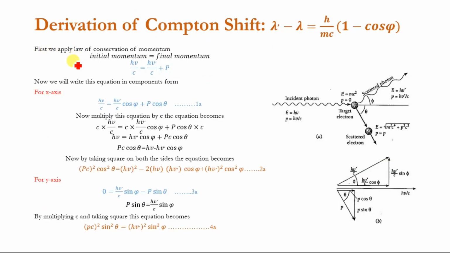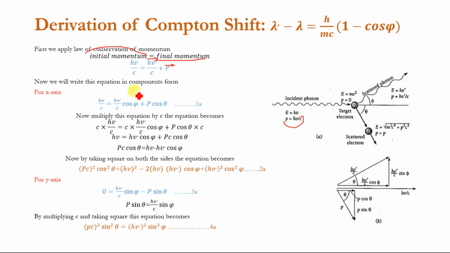Now we apply the law of conservation of momentum. The initial momentum is equal to the final momentum, or the momentum before collision is equal to the momentum after the collision. Before the collision, the momentum is equal to hν/c. While after the collision, we have two terms, hν'/c, the momentum of the scattered photon, plus p, the momentum of the electron.